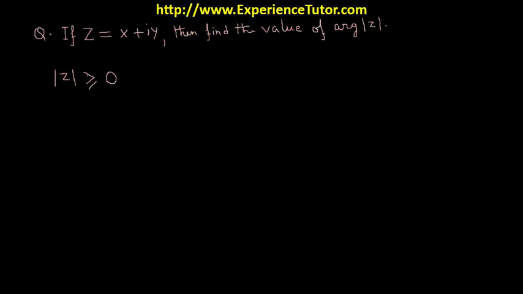If the modulus of z is greater than 0, then the argument of modulus z is equal to 0.